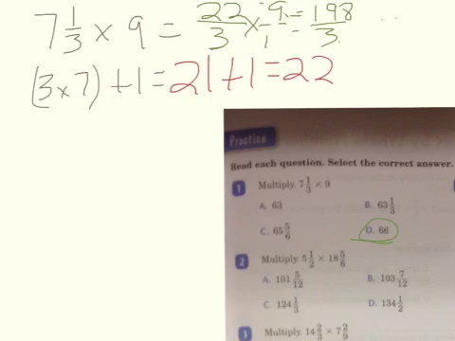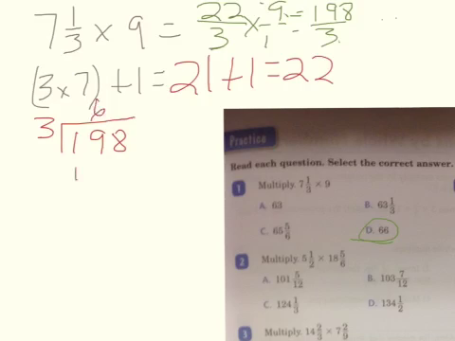So the way we're going to work this problem out into lowest form is that we are going to divide. So we're going to say 3 divided into 198. So 3 will divide into 19 6 times.